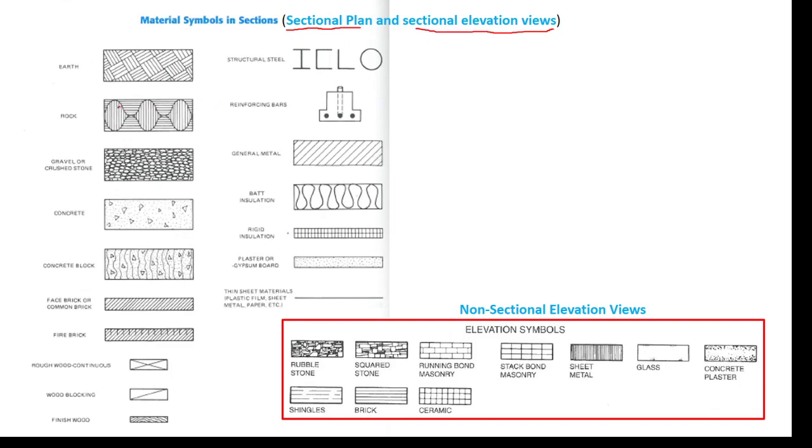If the part is made of rock, then this hatching style is used. Where the part is gravel or crushed stone, this hatching style is used. For saying that that part is made of concrete, we use this hatching style, and so on.